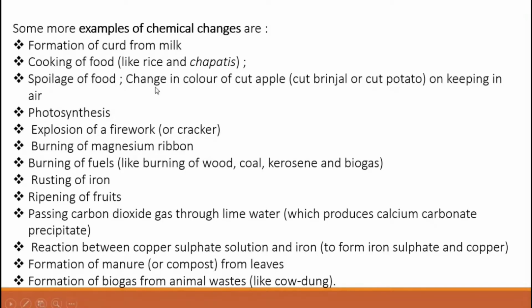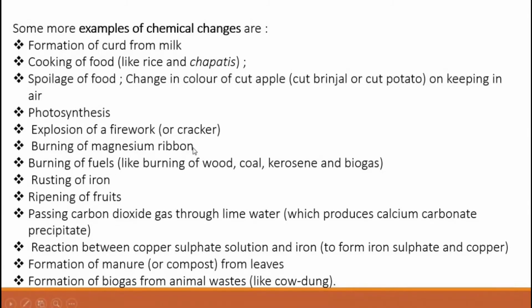Spoilage of food, खाना का सड़ना, जब आपके फल सब्जियां सड़ जाते हैं, that reaction is also because of chemical changes that cannot be reversed. Photosynthesis is an example of chemical change. Explosion of fireworks and crackers releases a lot of heat, sound and light, and is also an example of chemical change.